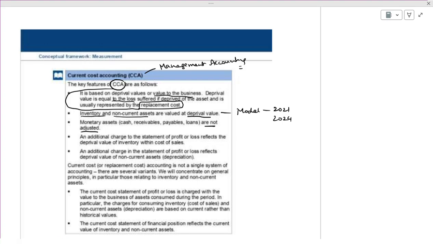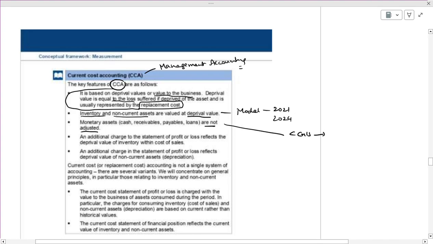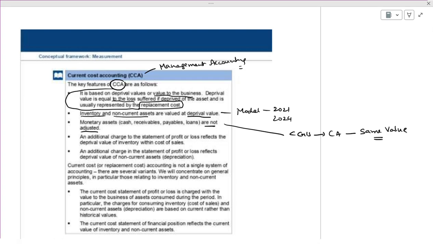I am repeating this. In cash generating units, current assets will be taken at the same value. You remember this point? Everyone? If they have not mentioned anything, current assets will be taken, cash is taken as cash.